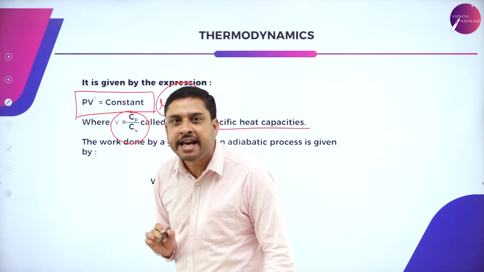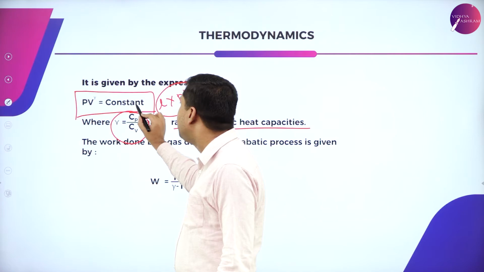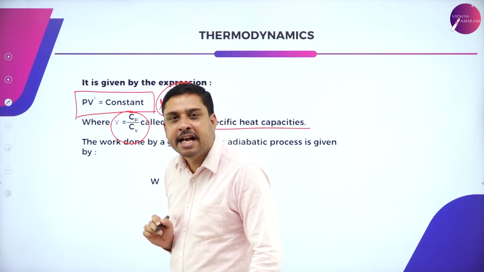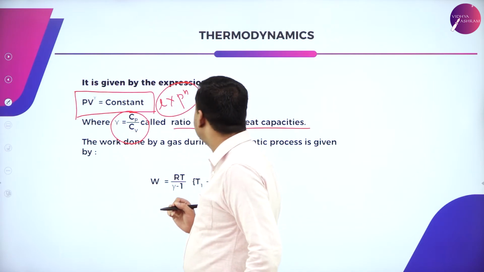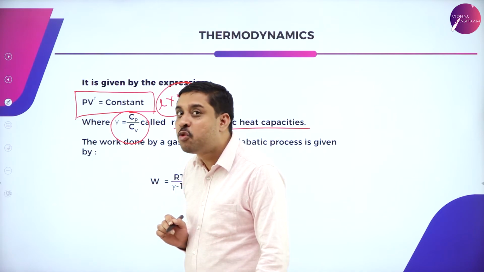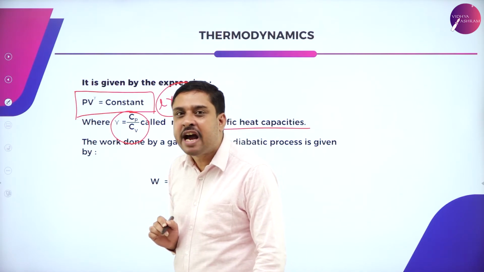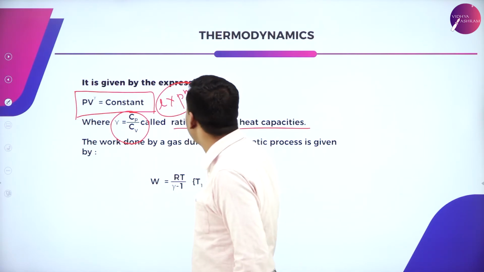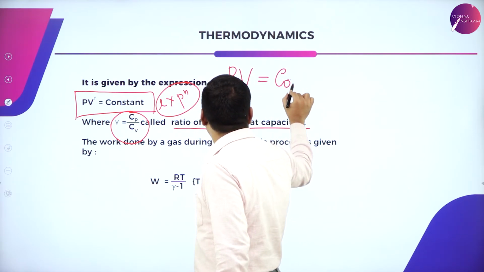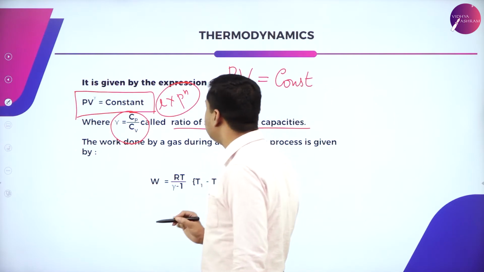What is gamma equal to? Cp by Cv, which is called the ratio of specific heat capacities. Which was the equation defining the isothermal process? PV is equal to constant.